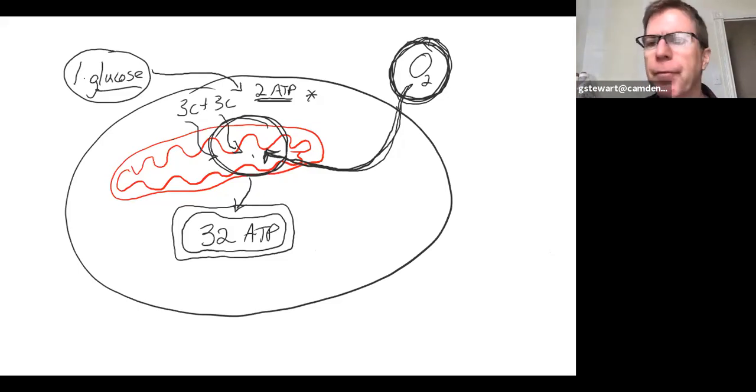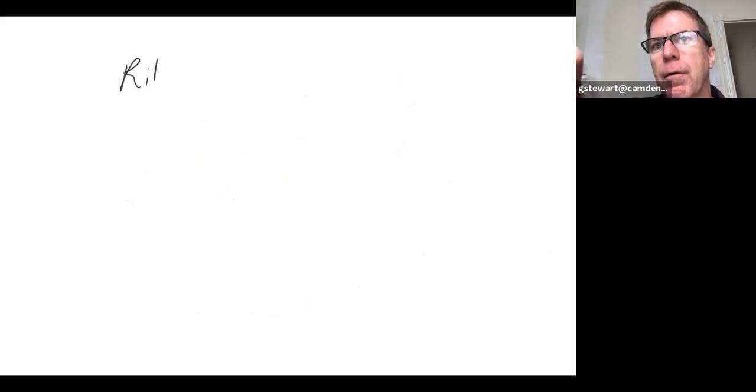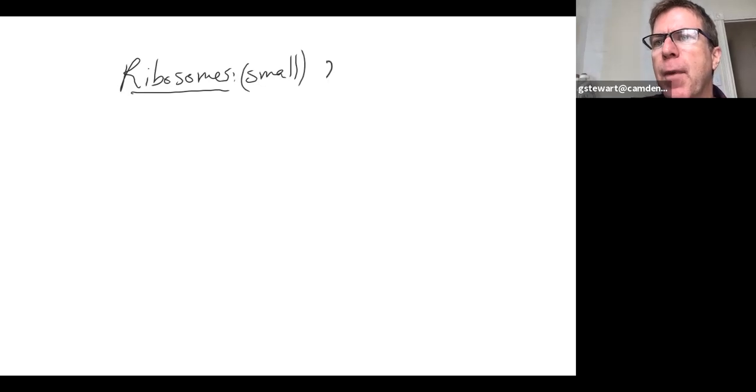Next organelle is a ribosome. I'll talk more about ribosomes on Thursday. These are small organelles, and they're made up of 2 subunits.